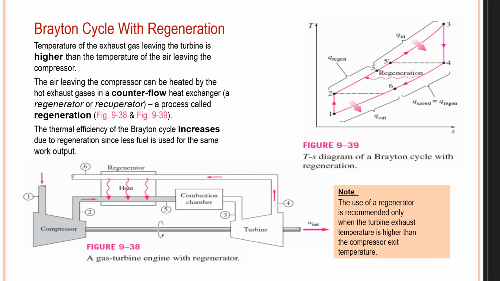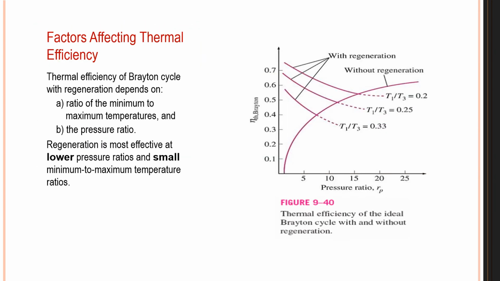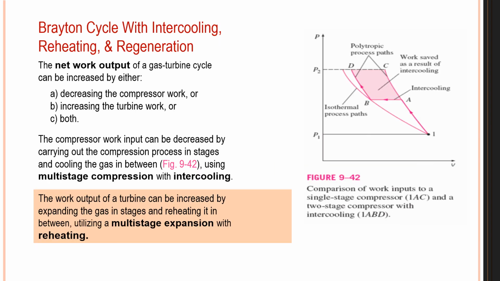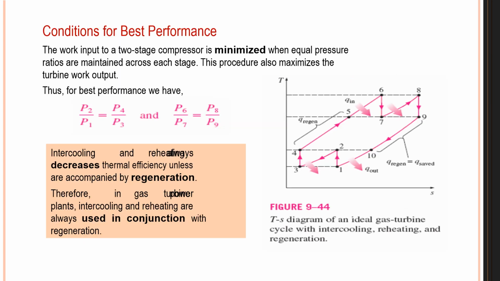In the actual gas turbine, the Brayton cycle with regeneration, the effectiveness of the regenerator, and the factors affecting thermal efficiency are the ratio of minimum to maximum temperature and the pressure ratio. The Brayton cycle with intercooling, reheating and regeneration: these are the things to improve the efficiency of the gas turbine power plant.